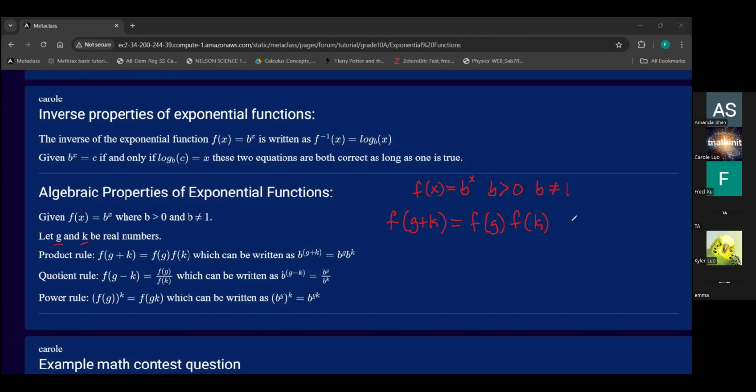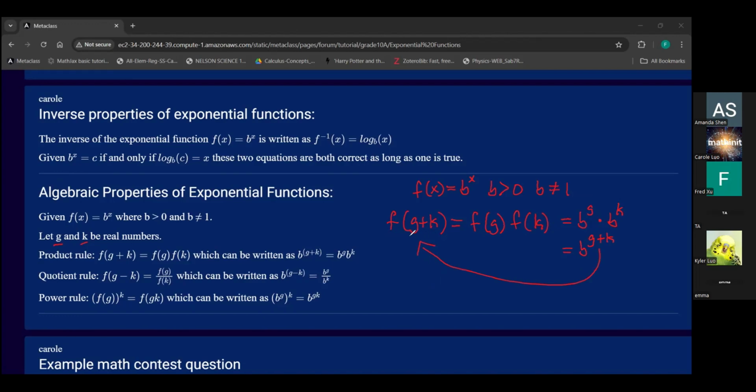And to prove that this actually works, f of g times f of k is b to the power of g times b to the power of k. And following the arithmetic rules, this is multiplication, so this is also equal to b to the power of g plus k. And this is the same thing as I wrote over here.